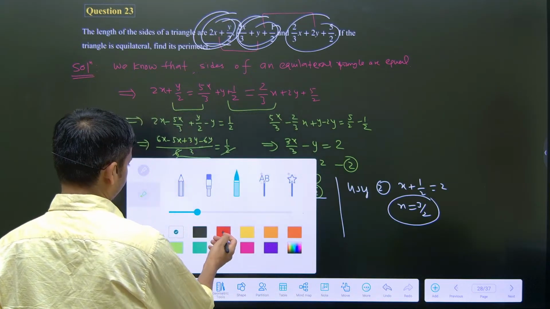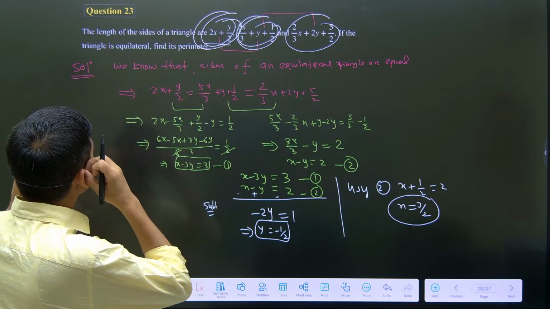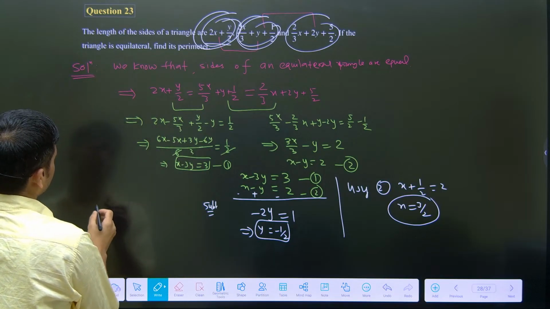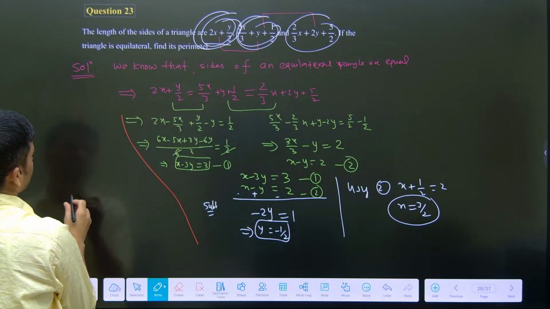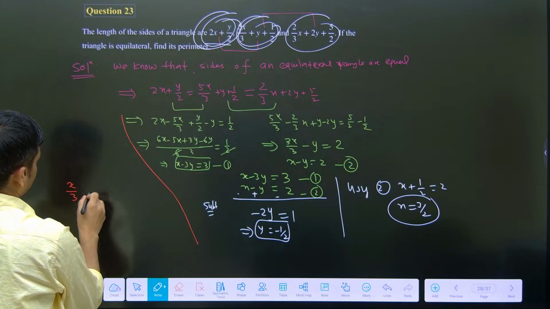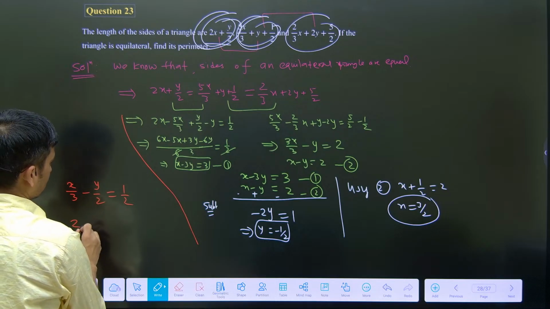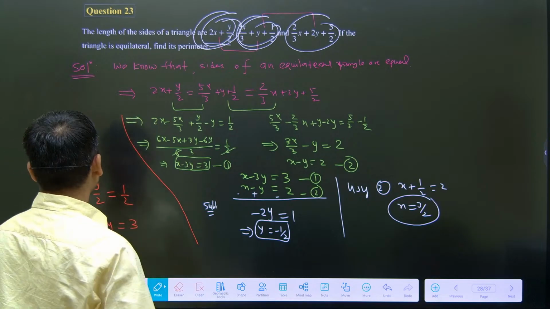Okay, let me check then. Yeah, there was a mistake, it should be 2x minus 3y is equal to 3.